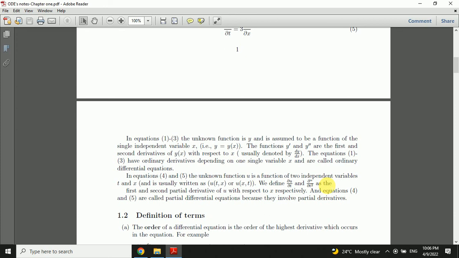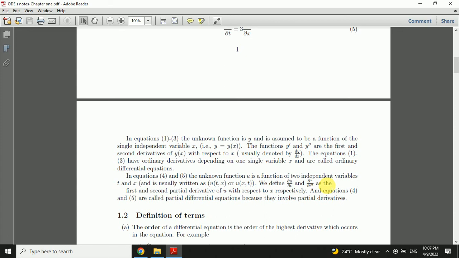Okay? So now you know the difference between an ordinary differential equation and a partial differential equation. An ordinary differential equation has only one variable. So in your differential equation, you have dy dx maybe plus y equals 0. You will not have any other variable in the denominator of your derivative or differential equation.